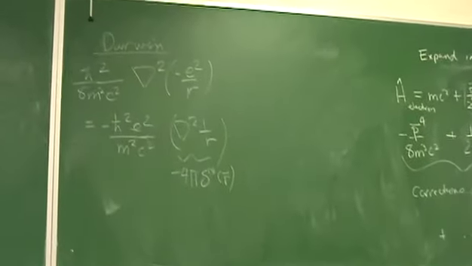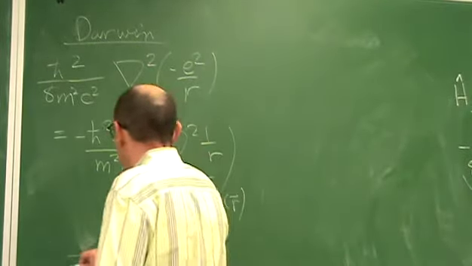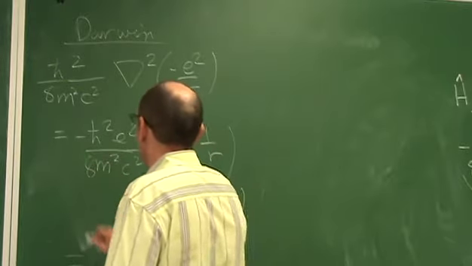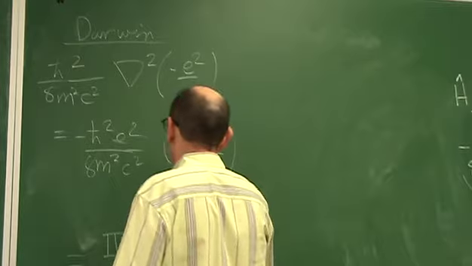Okay, well that's what it is. It's a point perturbation at the origin. There's a pi over 2 times constants.